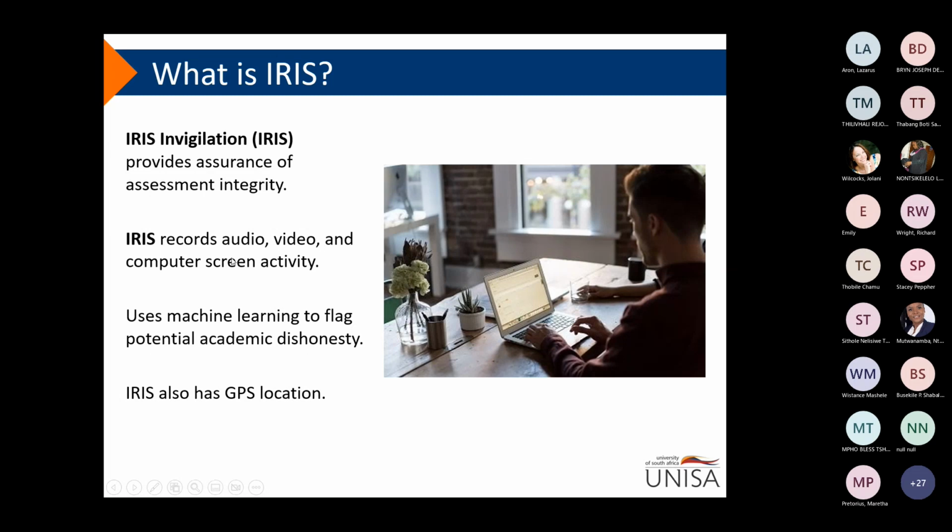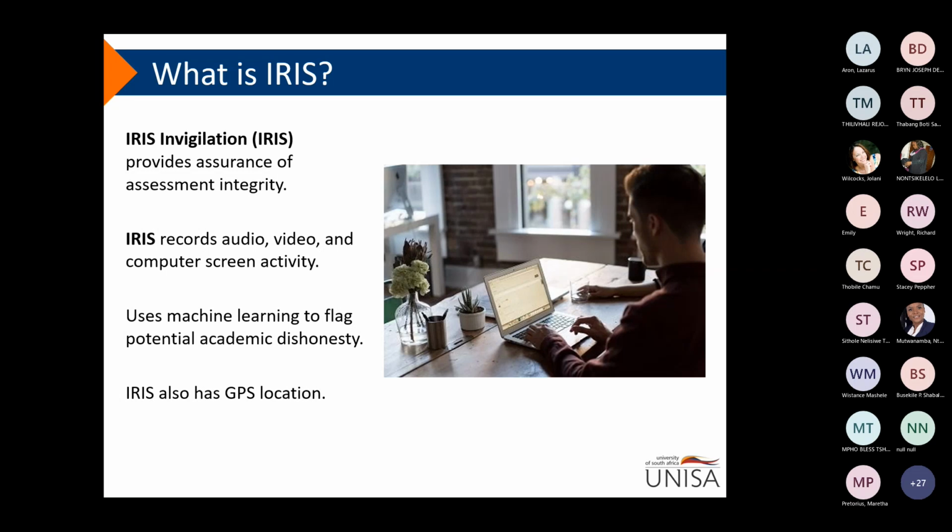So what does IRIS do? IRIS records audio, video, and computer screen activity during the entire duration of the examination. It uses machine learning to flag potential academic dishonesty. This point is very important. Although it uses machine learning, it is ultimately a person who decides whether a student may have copied or not.